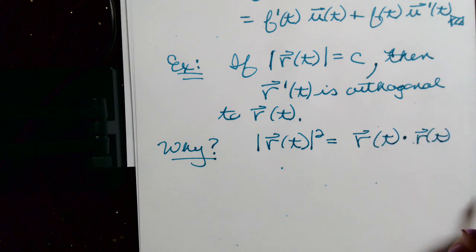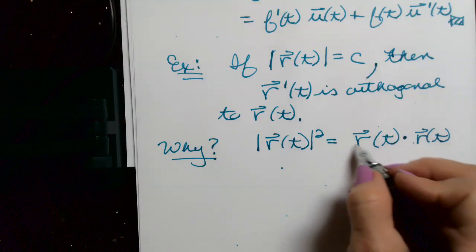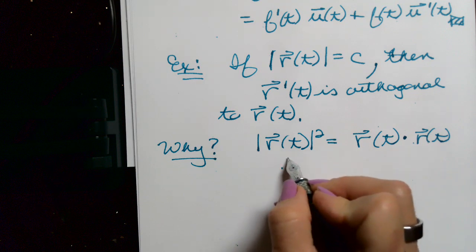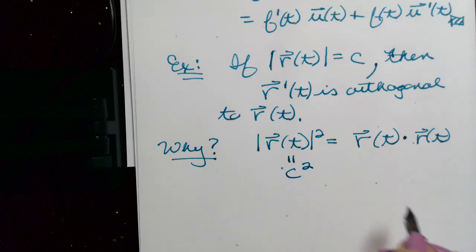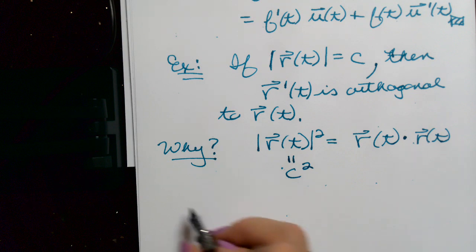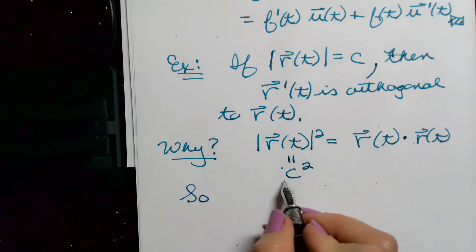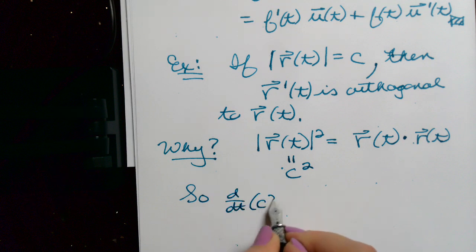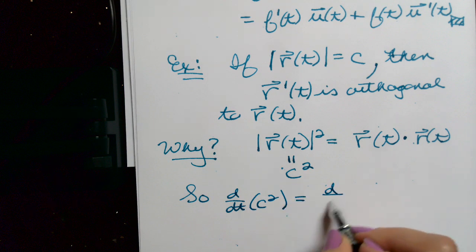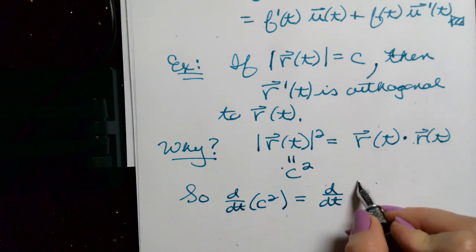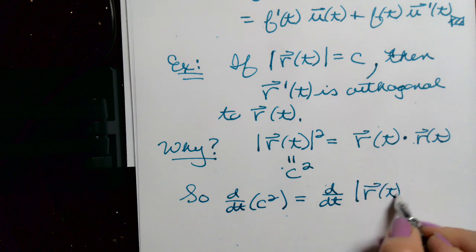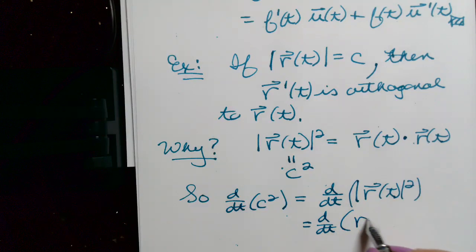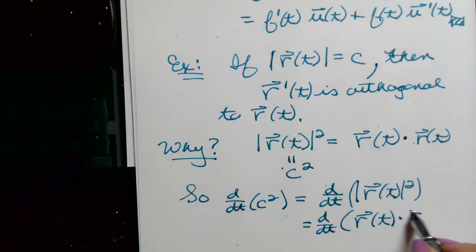That's the definition of the dot product and its relationship to length. On the other hand, this is equal to c squared. So let me differentiate with respect to t. The derivative of c squared is going to give me 0, and that has to be equal to the derivative with respect to t of the length of r of t squared, which is equal to the derivative with respect to t of r of t dotted with r of t.